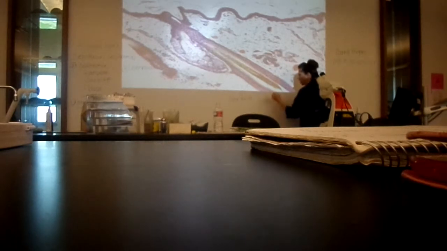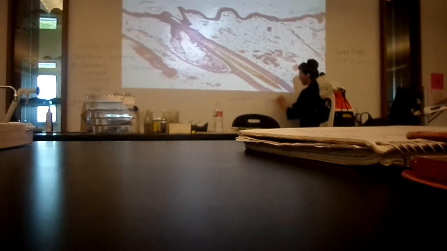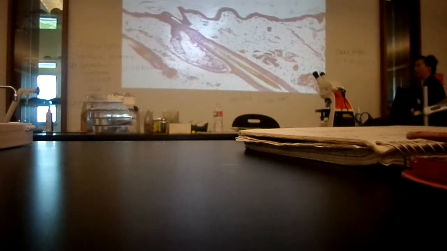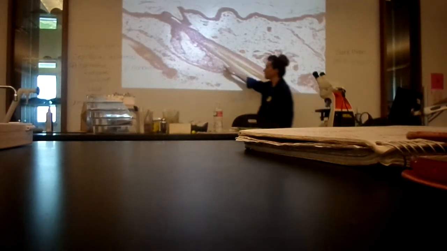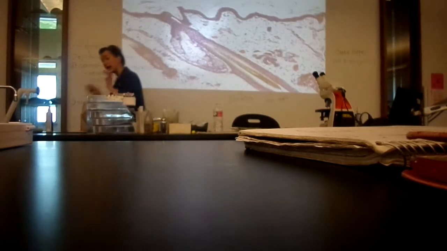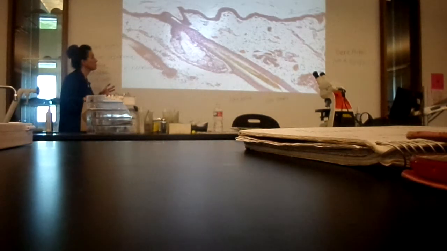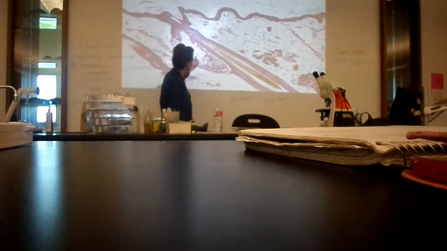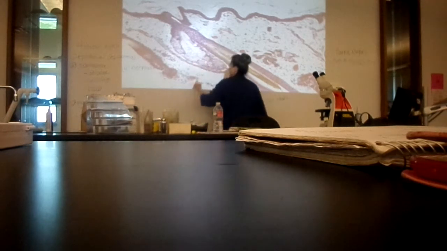The stuff that sticks out on the top, from the surface of the skin, is the hair shaft. Now I've got a bunch of glands in here. The glands that are hanging out next to my hair follicles, these guys here, this is an oil gland.